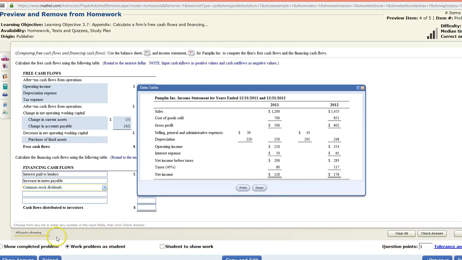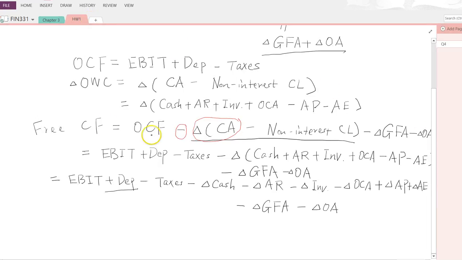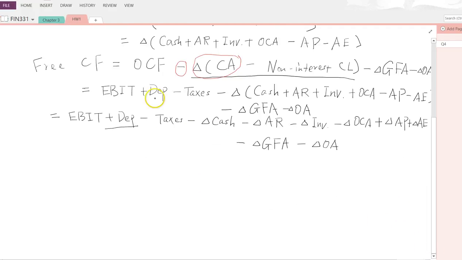So how can we figure out the dividend? We can figure out this number based on this equation here. We know that net income equals, right? We just said that net income can be broken down into two parts. One is dividend.